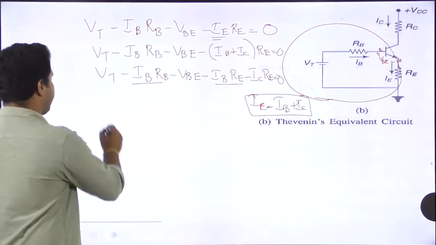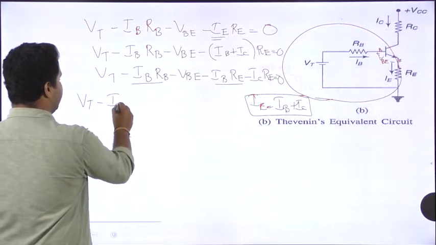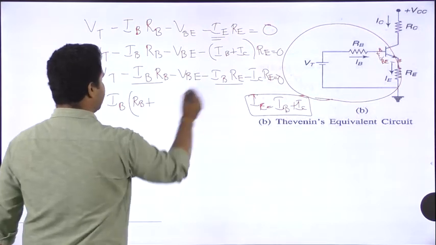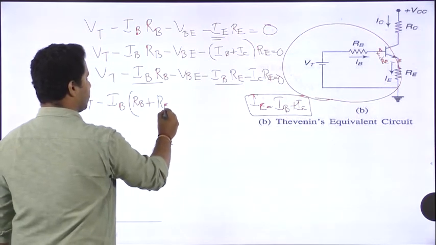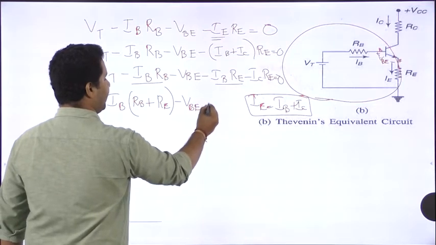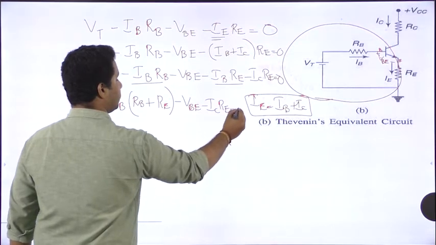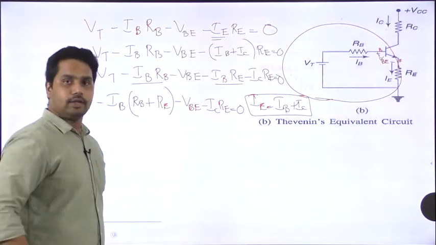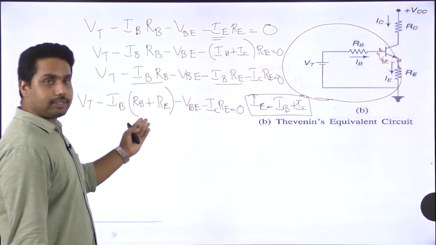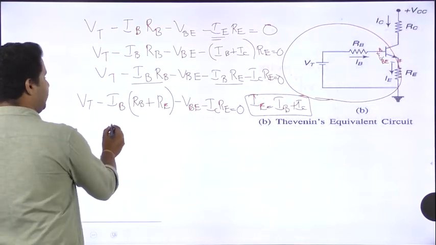So our equation will be VT minus IB into RB plus RE, minus VBE, minus IC RE is equal to 0, right? And from there, it is very easy to get the expression for IB.